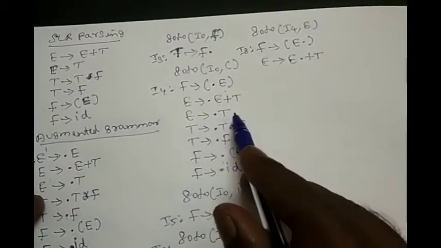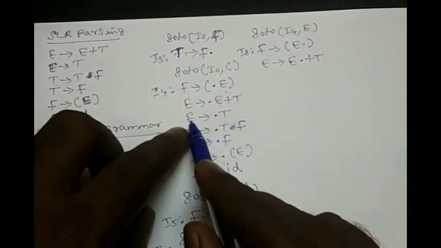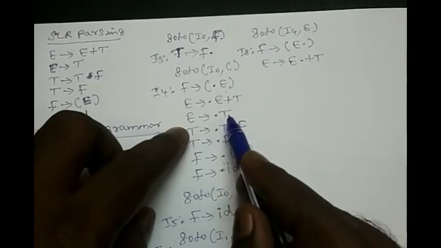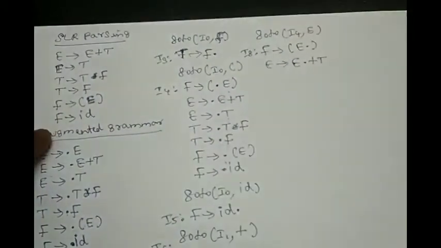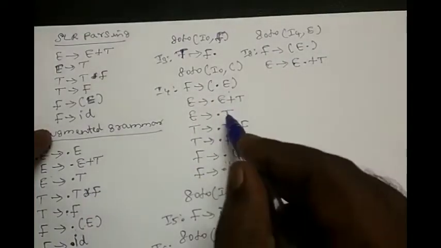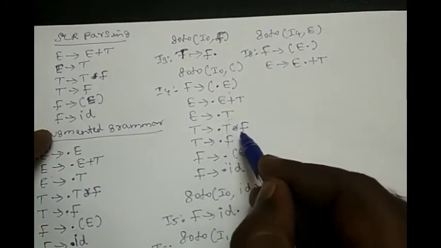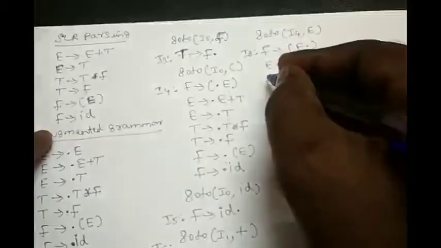Now when you come for item set 4, go to of I4 comma T will be giving me E tends to T dot. Okay, E tends to T dot is already there here, and E tends to T dot star F. So these two productions are already in I2, so we'll just write it.